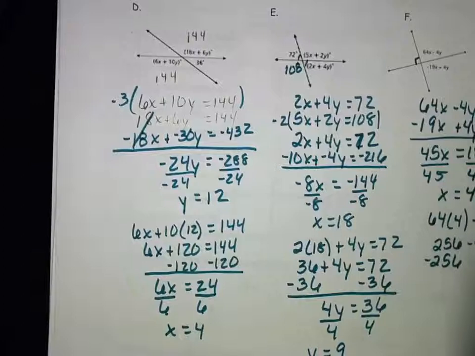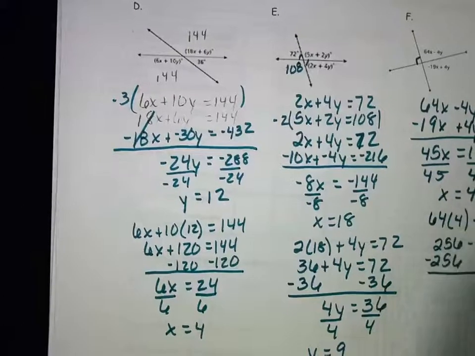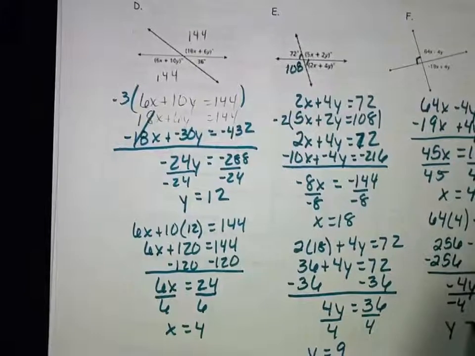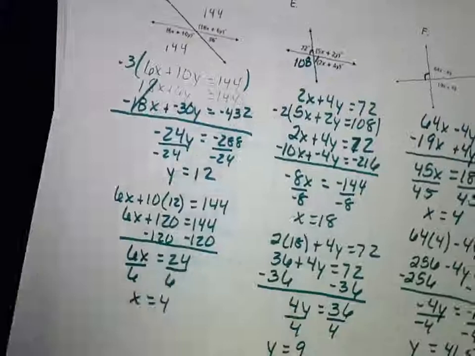And if we subtract 256 from both sides, you have -4y equals -166, and y equals 41.5.